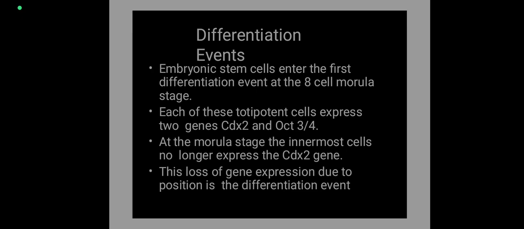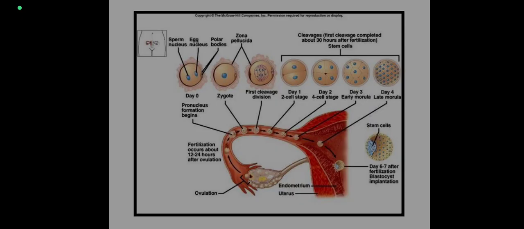Each of these totipotent cells expresses two germ layer markers, CDX2 and OCT3/4. At the morula stage, the innermost cells no longer express CDX2. They lose the expression due to their position in the differential event.